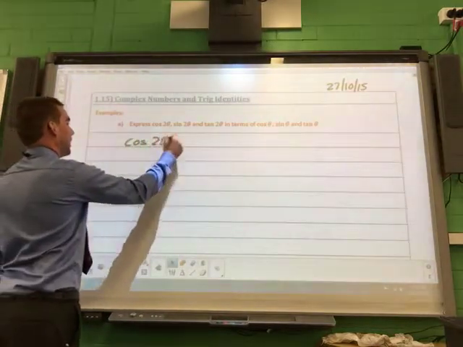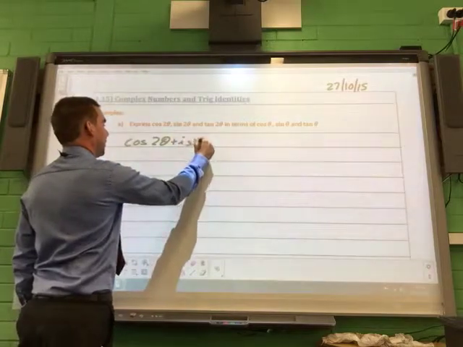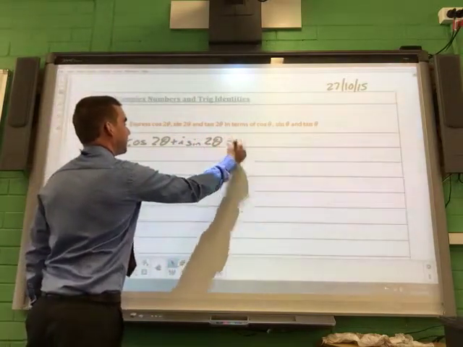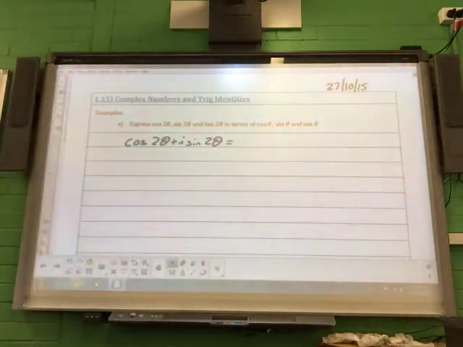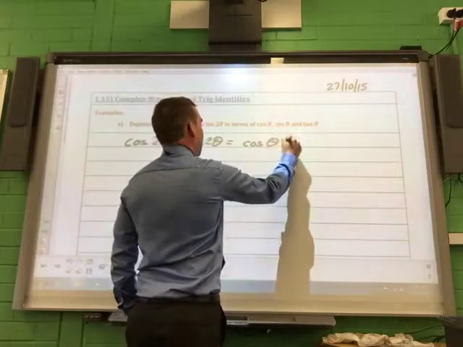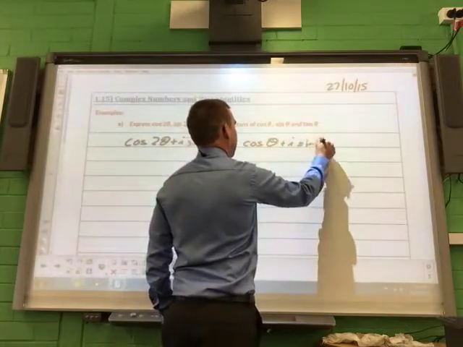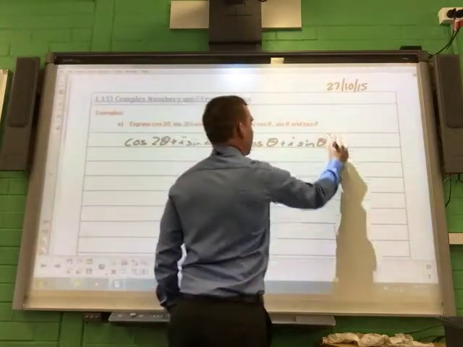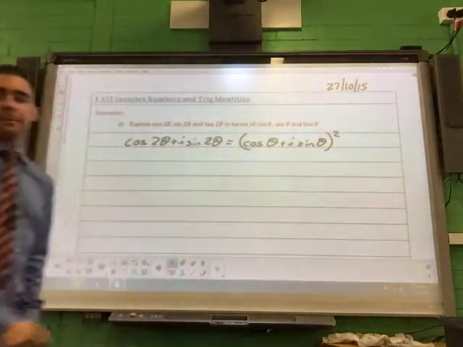So cos 2 theta plus i sin 2 theta. Using de Moivre's theorem, going back the other way, this becomes cos theta plus i sin theta, all squared.